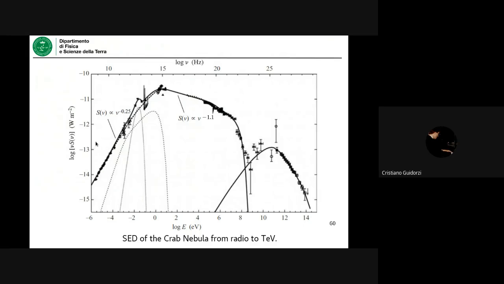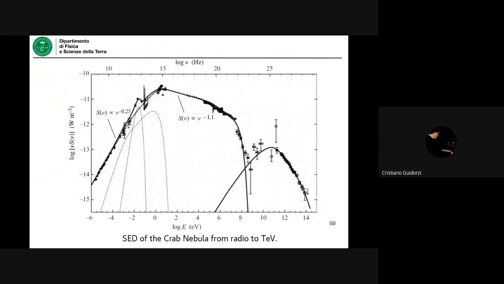I can prove it mathematically, but I don't want to do it now. Essentially, it is the so-called nu F nu spectrum, where F nu is the flux density.